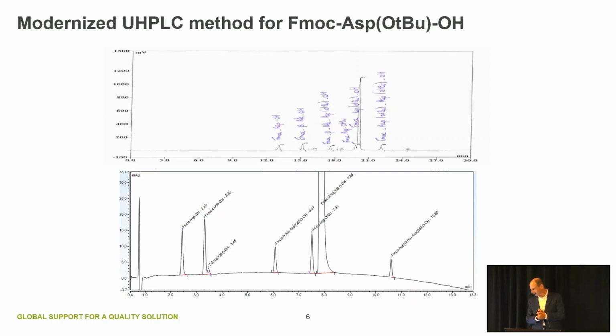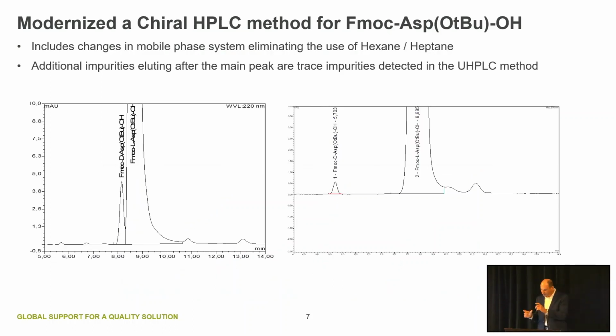Let's go to the next slide. So here's an example of a specification, or part of it, a snapshot of the specification for Fmoc-Asp OtBu. And it's interesting that when you consider impurities, and I'm talking about impurities that are related to the amino acid, there could be impurities that are completely non-reactive, so they just don't react.